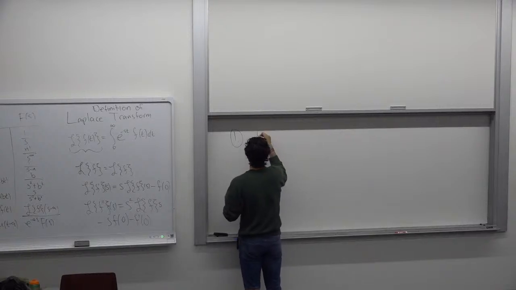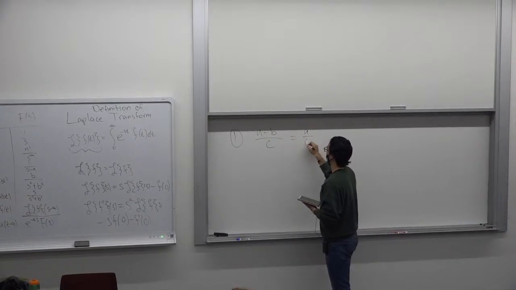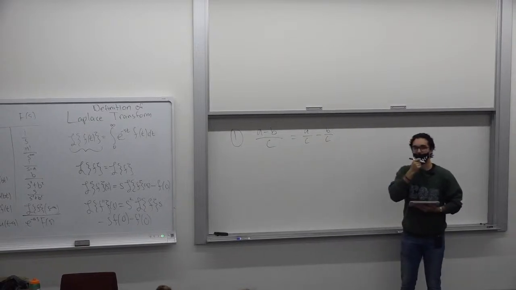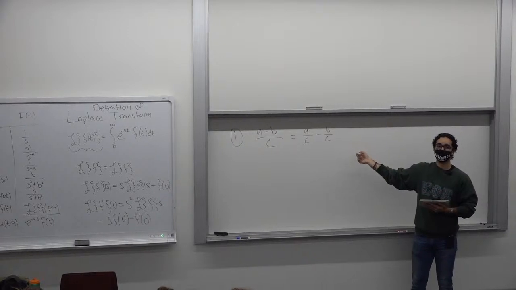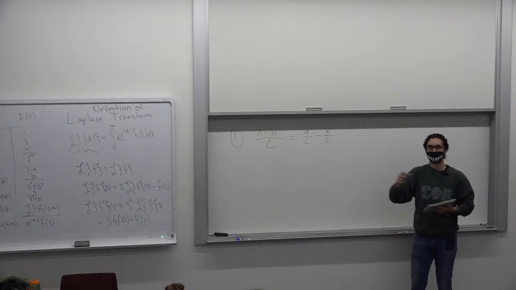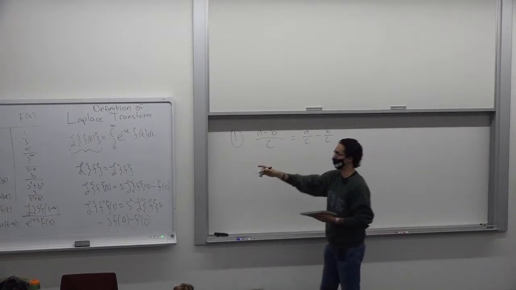A property of a fraction is if you have a minus b over c, you might have something in the numerator like a s plus 4 over s, so just break it up.